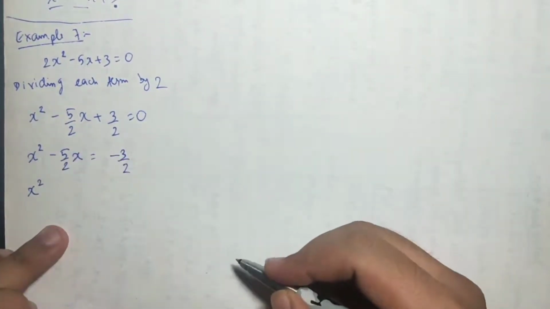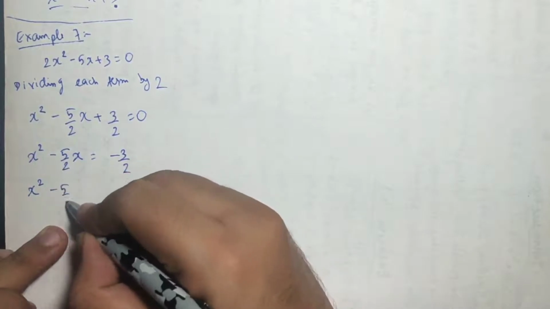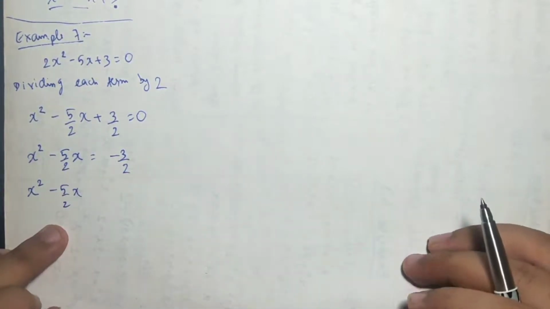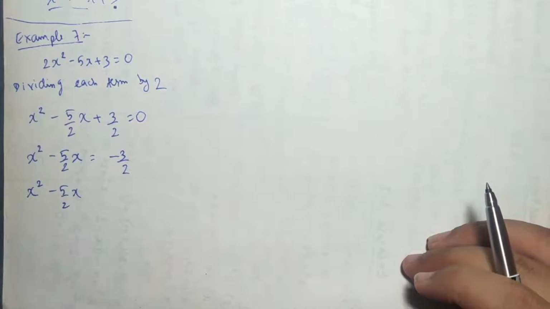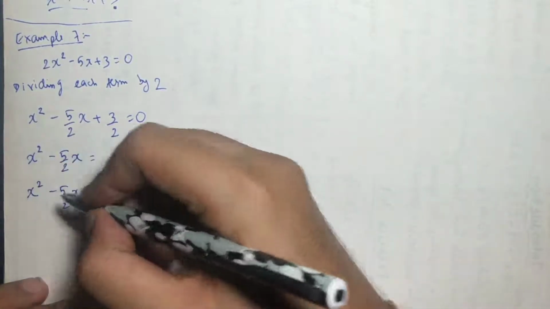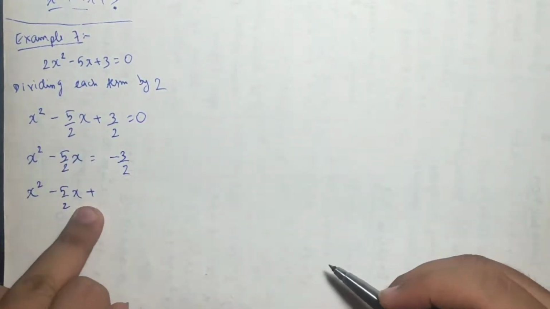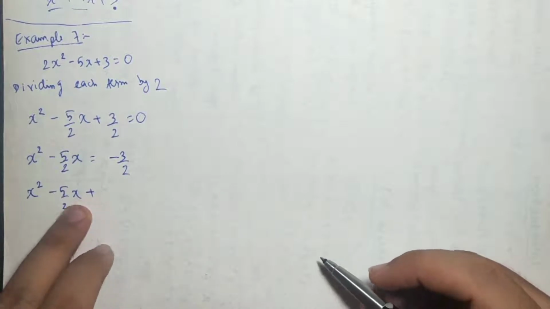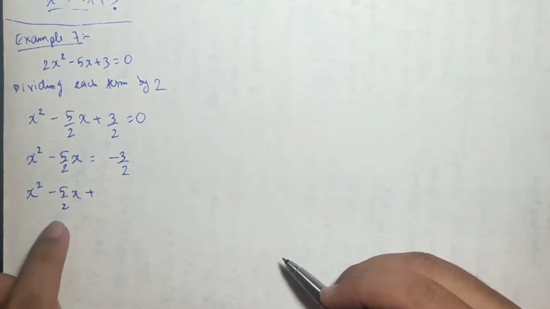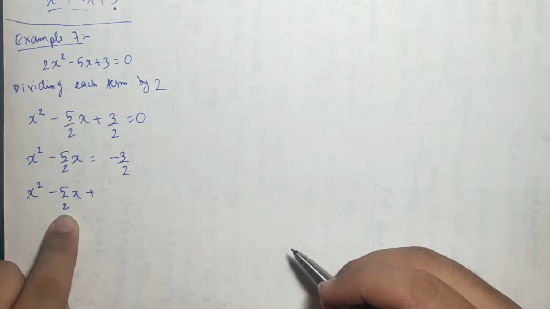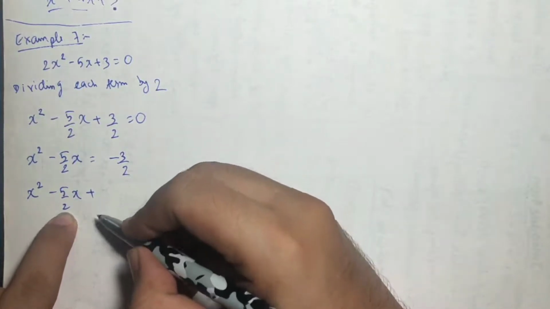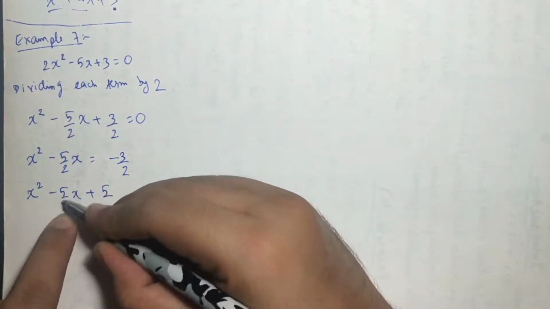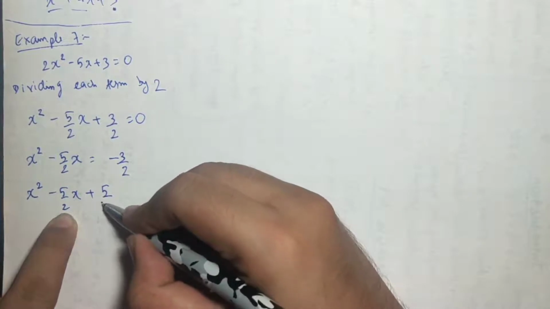x square, write the first two terms as it is. Keep a plus sign, compulsory plus sign. Write a number looking at the coefficient of x. The denominator of the coefficient of x, multiply it with 2.